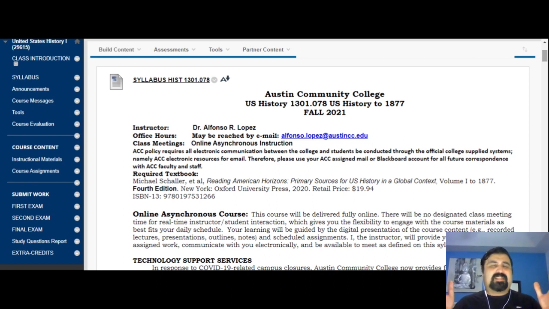Instead of just creating a link to a file, let's say a Word doc file, so you can open it, I've created a whole page in which I posted the entire syllabus. If you also want access to the Word doc, you can find that under Instructional Materials. If you click on Instructional Materials, you're going to find the actual Word doc file.